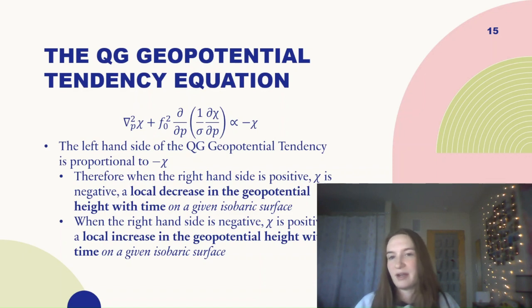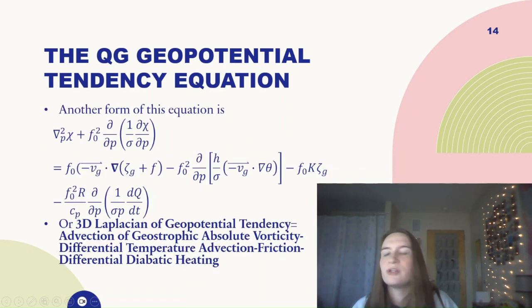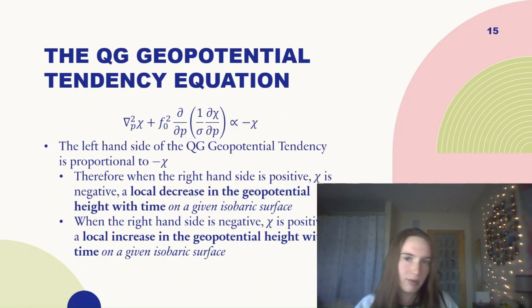If the right-hand side is negative, then chi is positive, which means an increase in geopotential height with time, again, on a given isobaric surface. So what you'll see is in our full equation, a lot of these have negatives in front of them, right? That has a negative, that has a negative, that has a negative. So when we talk about terms specifically, you'll see me say that it's proportional to chi. That's because I'm multiplying both sides by a negative. So then this term positive is equal to chi because this side of the equation was negative chi. If I multiply both by a negative, they're both positive.